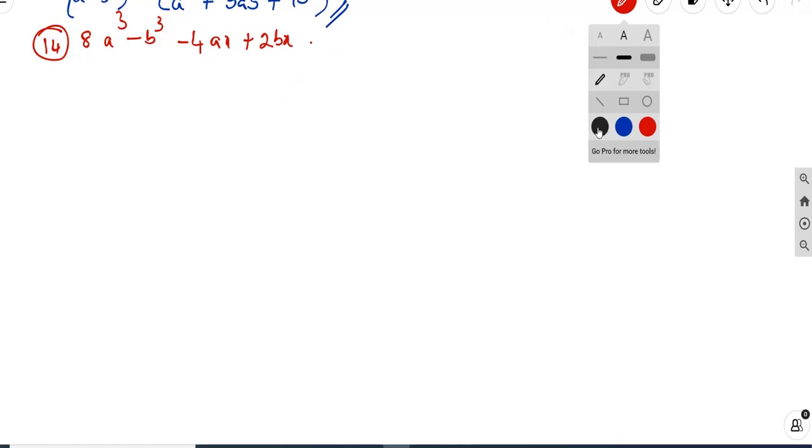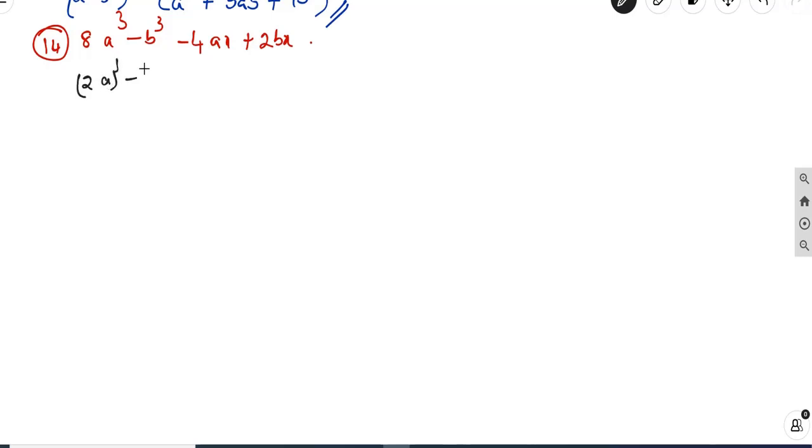So we'll start solving this. How can I write 8 here? 8 I can write as 2a cube minus b cube, okay, minus 4. What can I take common here? Yes, 2 I can take common, and x I can take common.